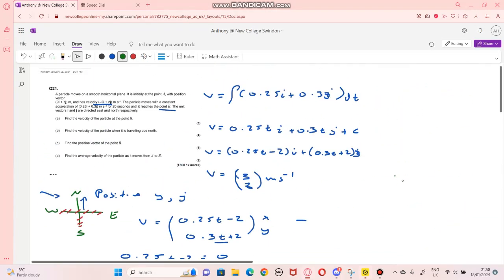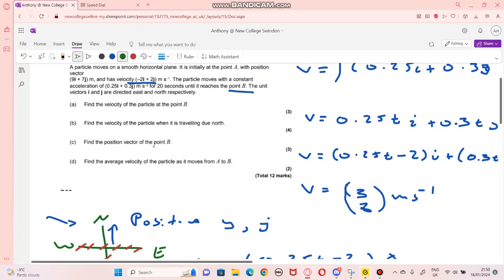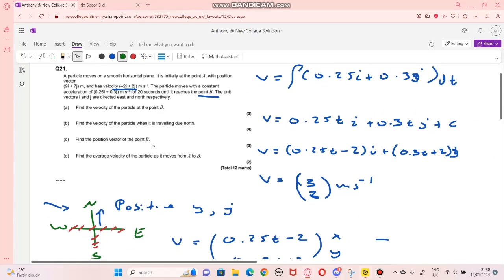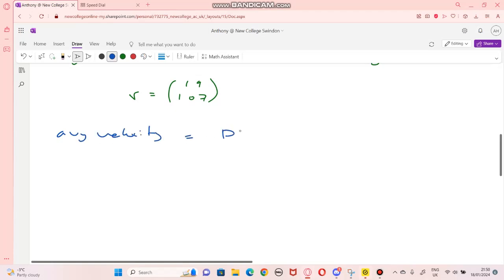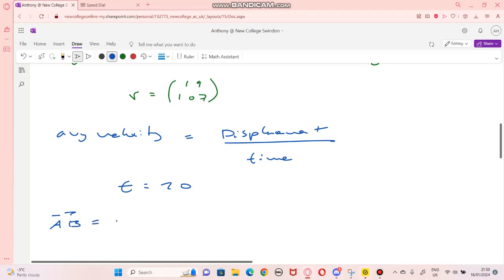The final bit of the question says find the average velocity of the particle as it moves from A to B. Average velocity is equal to displacement over time. Time is equal to 20, and the displacement from A to B is equal to B minus A by rules of vectors.